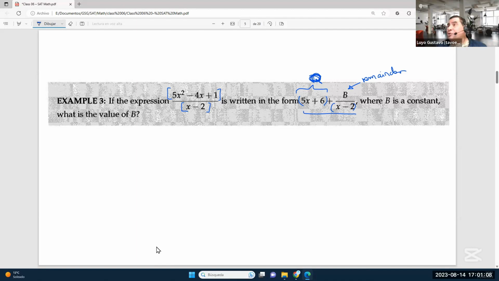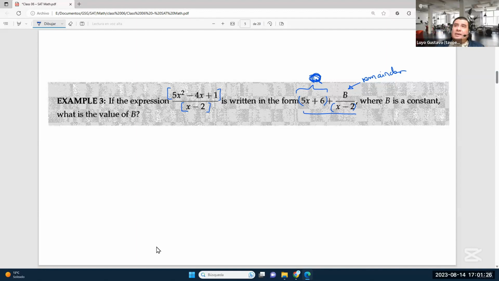But can I actually find the value of b without having to do the division? Yes, we can. How is that possible? If we apply the remainder theorem. What does the remainder theorem say?